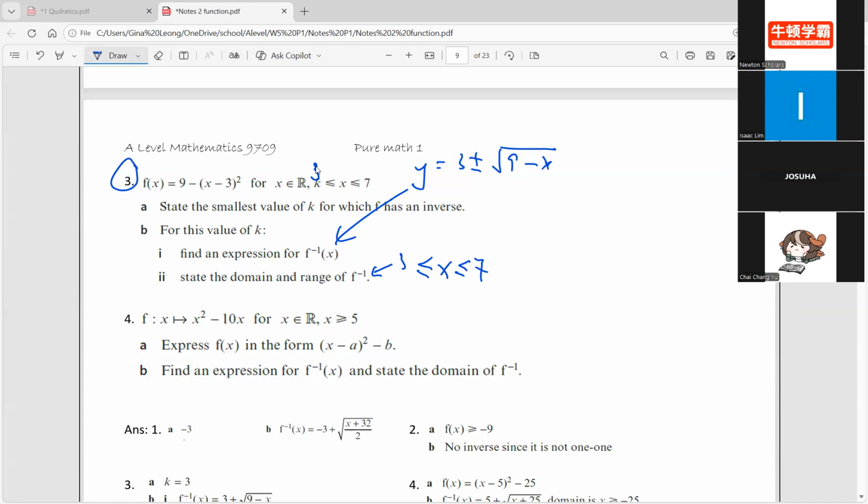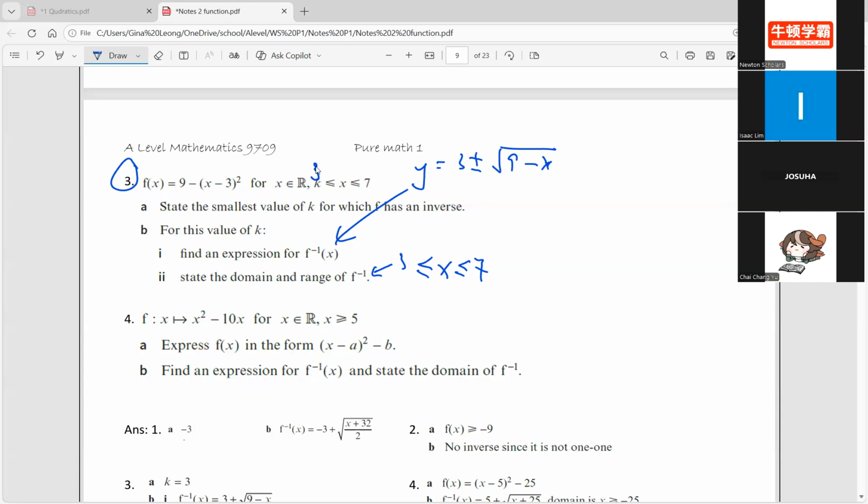Correct or not? When you do your equation, you get this one, right? Yes. Okay. I mean, it's still the same thing, right? No, no, no.